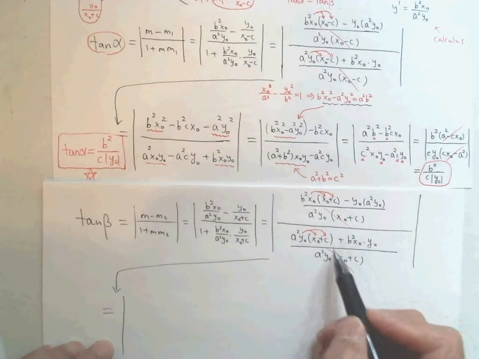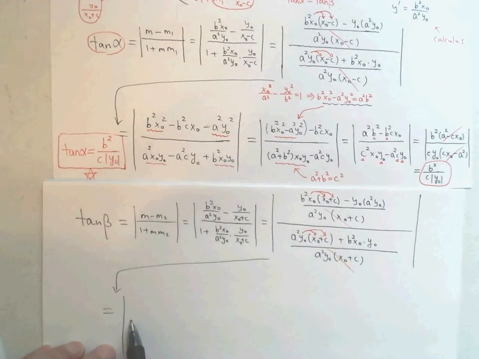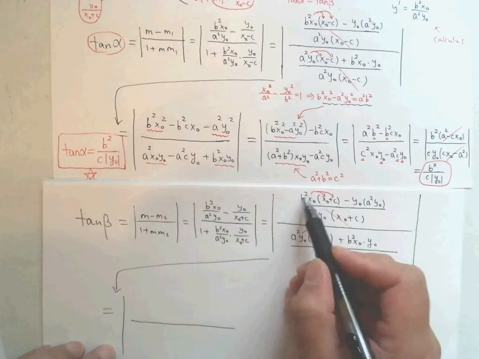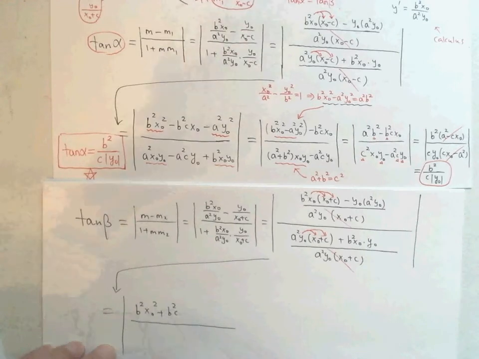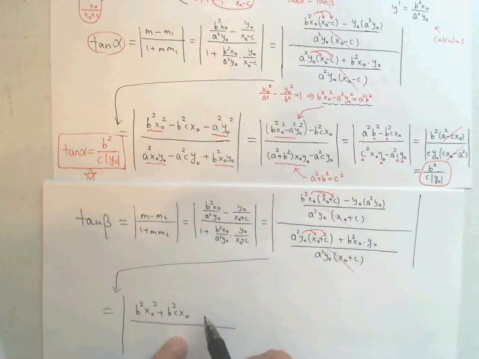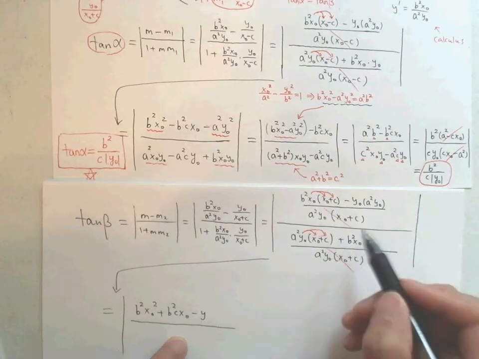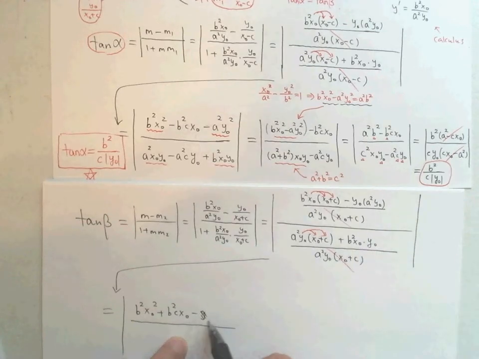The bottom cancels and after distributing, the top is b square x0 square plus b square c times x0, minus a square y0 square.